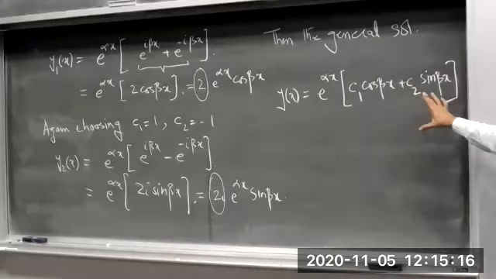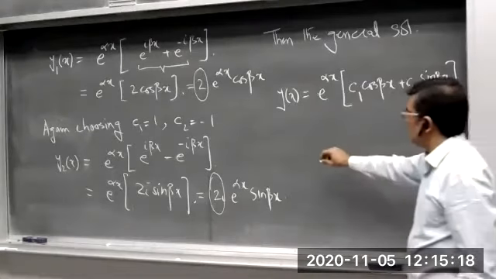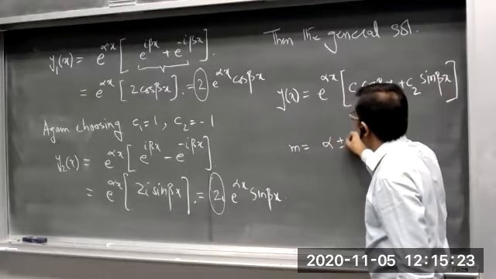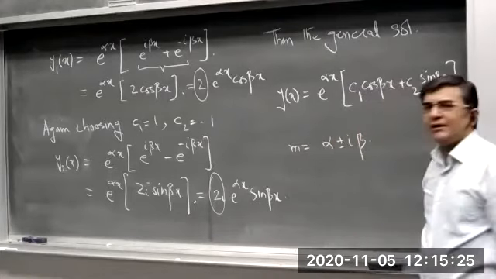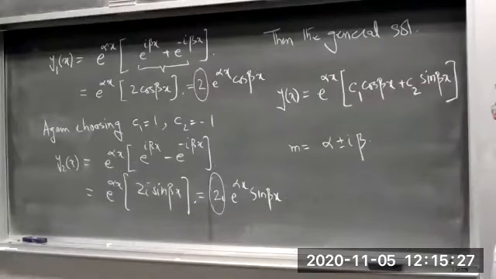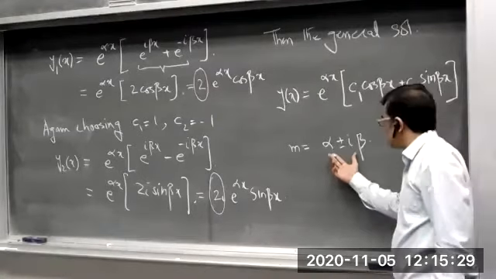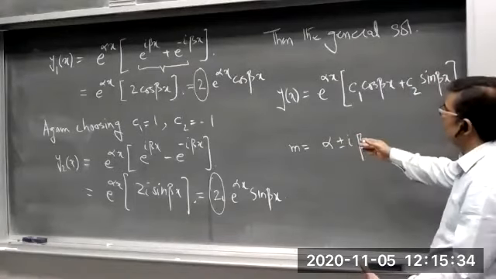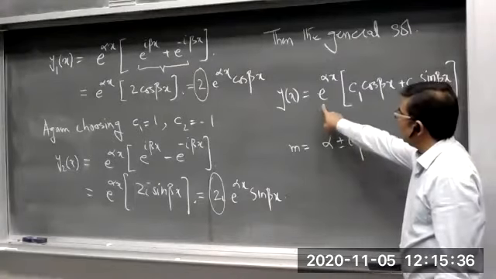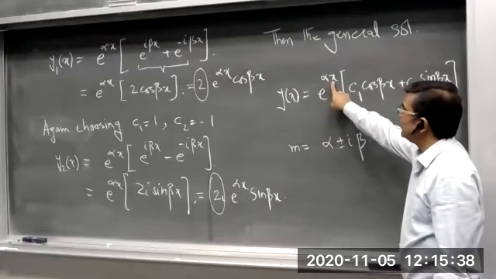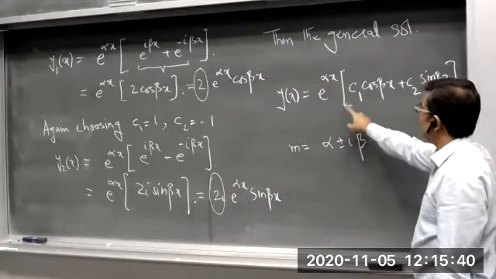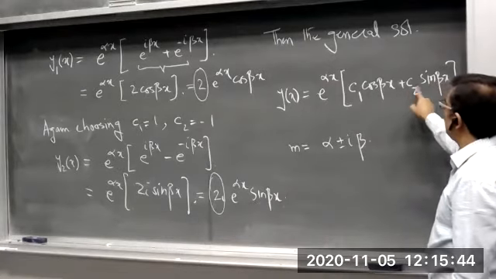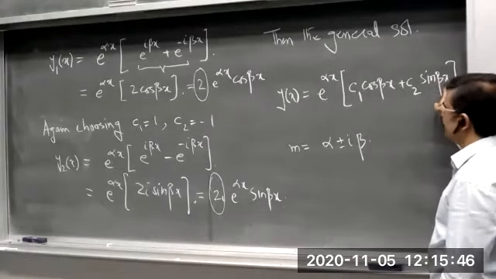If you have any question, you can ask me. What were the roots m? Roots alpha plus minus iota beta. These were the roots which are complex conjugate of each other. Then how to write the general solution? Alpha comes here, e raised power alpha x, and then beta comes here, C1 cos of beta x plus C2 sine of beta x.